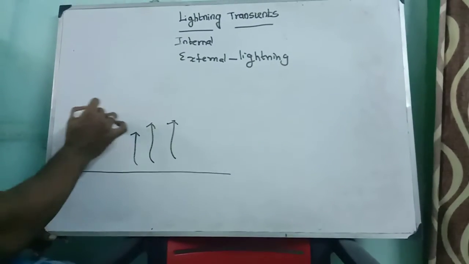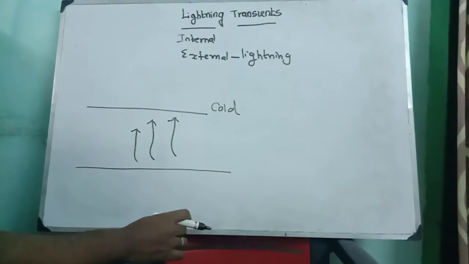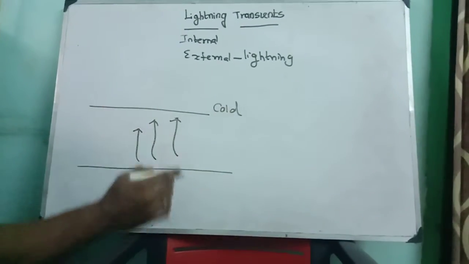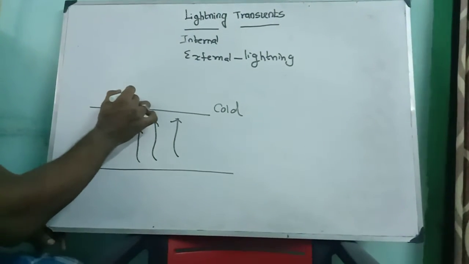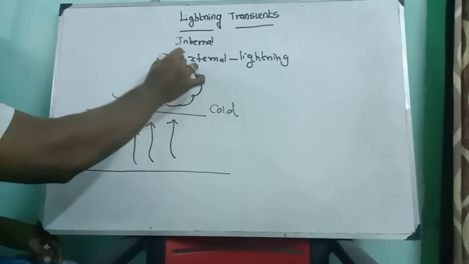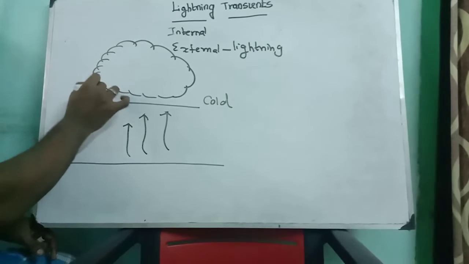When it reaches a certain position where the air is cooled because of the cold temperature available at a certain height, it tries to sediment down. This forms a cloud because the air consists of ions. As you know, what is an ion?